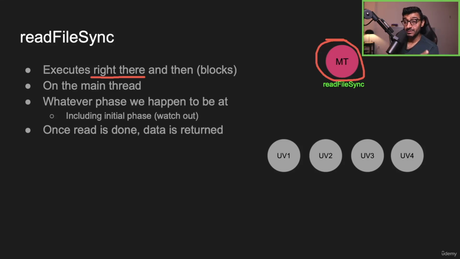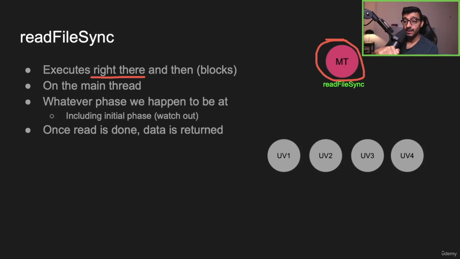So when we do read sync, we're telling Node, hey, I want you to now read the file right now. Don't delay it, right now. And I'm going to wait right here until you've completely read the file.